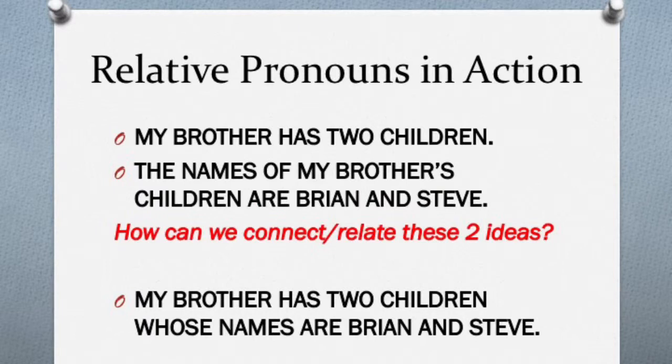So that's why I'm using whose. It shows possession, and I want you to know what the children's names are. Because it's not the most important idea in my sentence, the important idea is that my brother has two children, I'm including it in the relative clause. But the ideas are definitely related to one another.